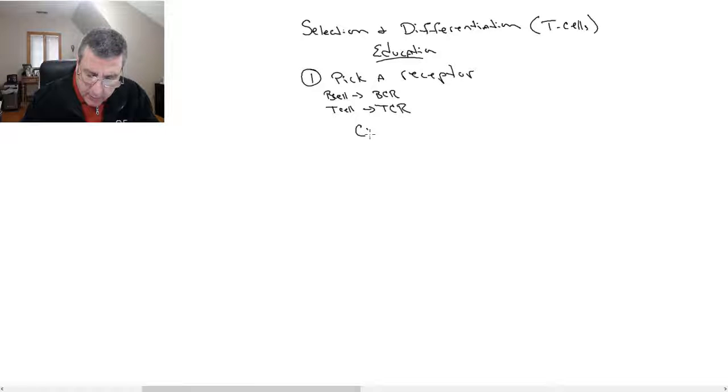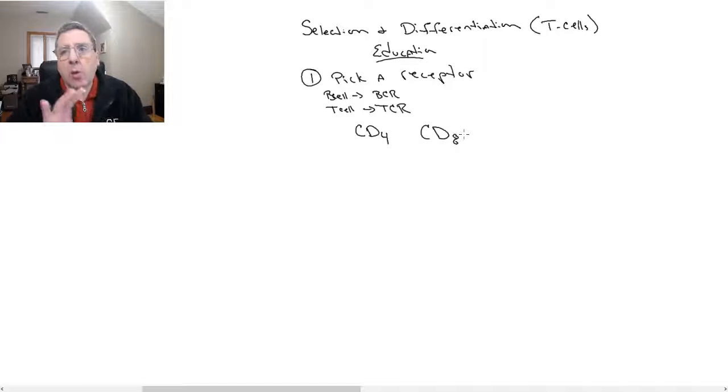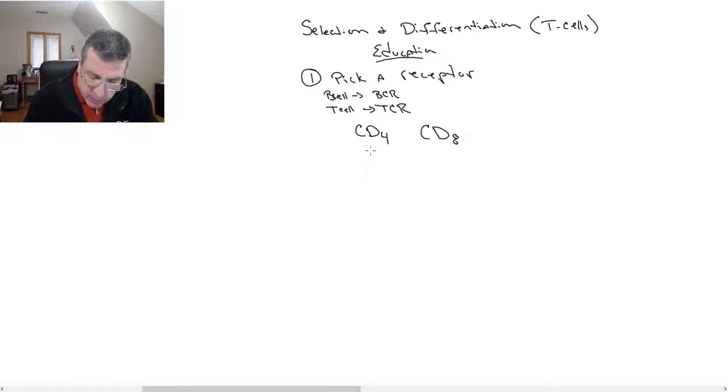They get a receptor called CD4 and another one called CD8. We'll come back to this at the very end of this one, so put those in the back of your head because those are going to be relevant. At this point, they will now go to the selection process. They're going to go to school to be educated. So the T cells go to, if you can recall, the thymus.